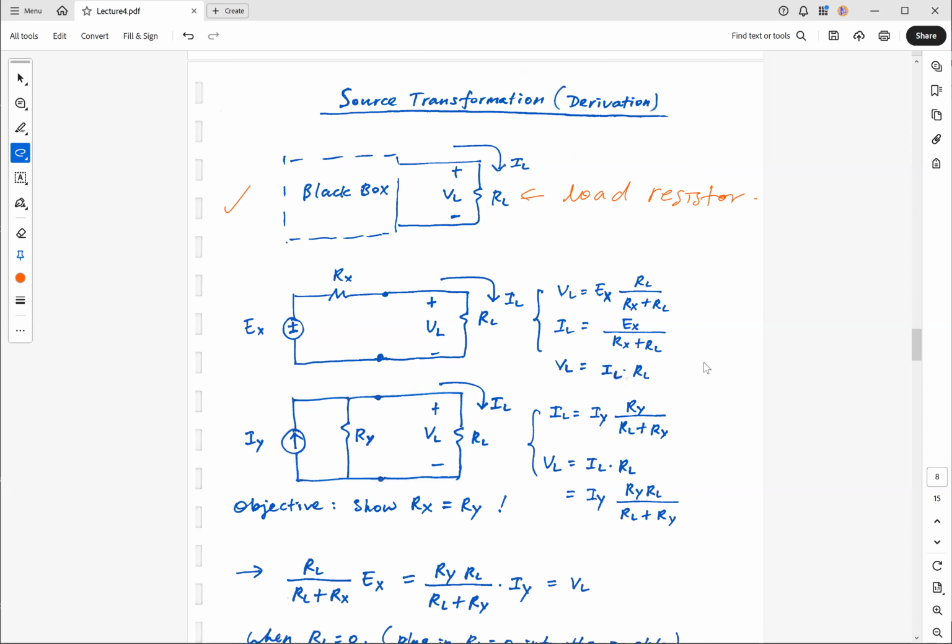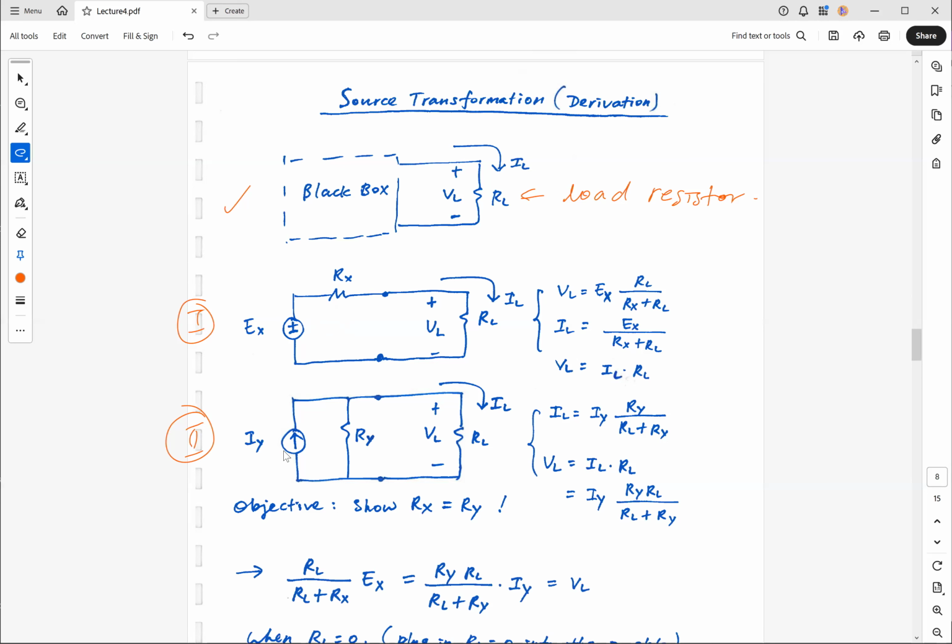Let's just assume that inside this black box, I have circuit number 1 and circuit number 2. In circuit number 1, I have a simple voltage source connected in series with a resistor, which I call Rx.